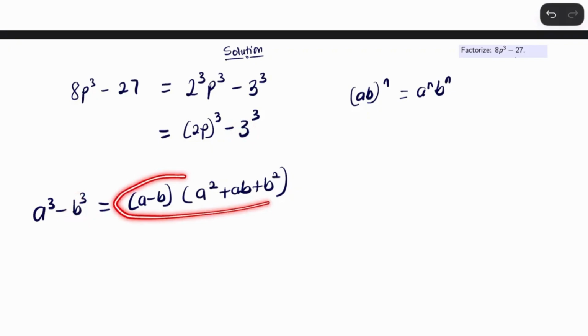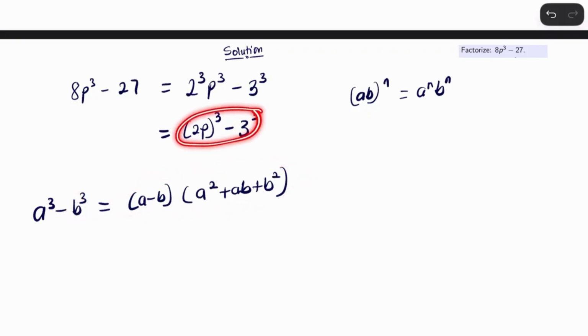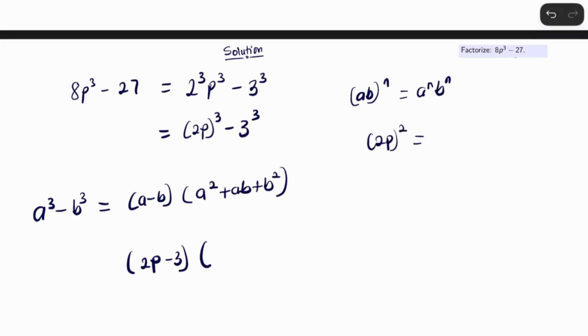And so using this identity, we can rewrite this as a minus b, so that's going to give us 2p minus 3. Then multiplying a squared, so a squared will be (2p) all squared, which gives 2 squared p squared, and that's 4p squared.